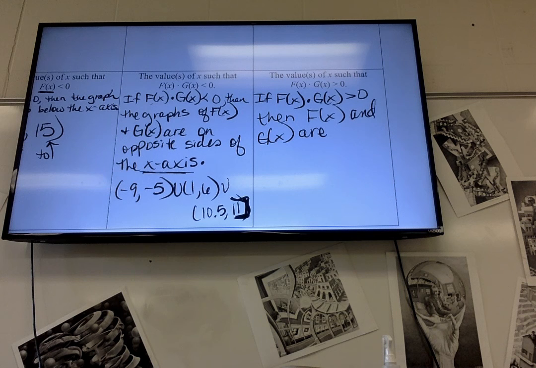They both have to be negative or both have to be positive. So you go ahead and look at those graphs and see if you can write where they're on the same side.